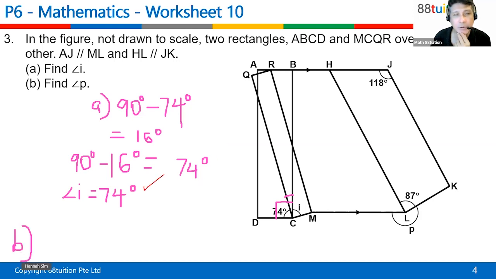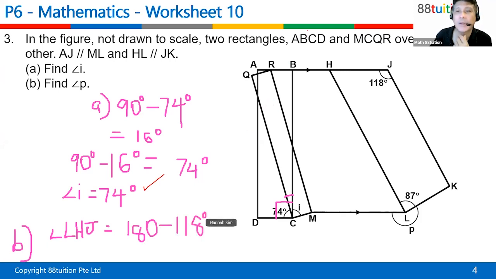Okay, so now we move on to B. Angle LHJ is 180 minus 118.